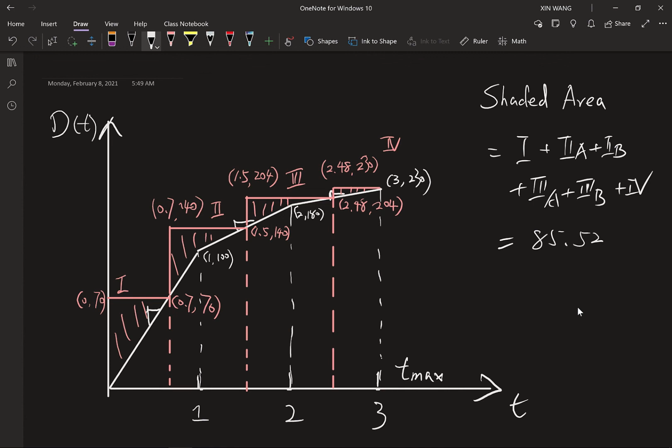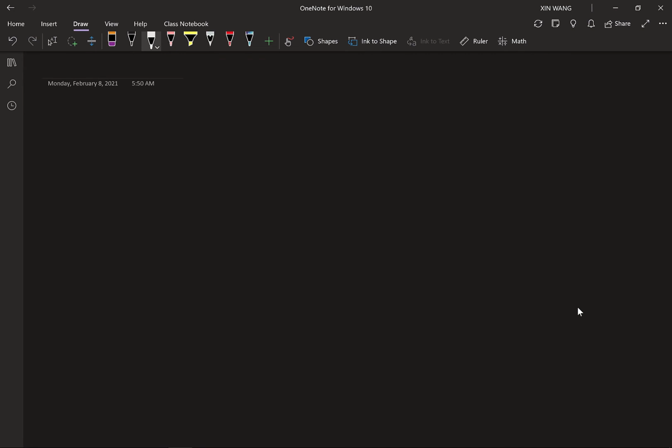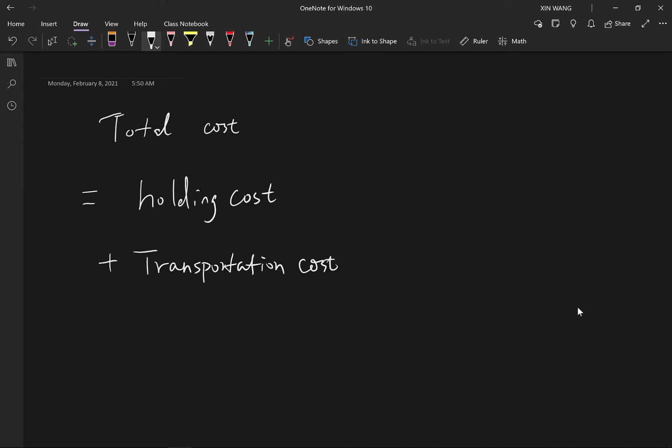85.52. Okay, so recall that we have our total cost equals to holding cost plus the transportation cost. So now we have the total holding cost to be the shaded area times CI. And CI equals to 10. This gave us this amount of cost. And as for the transportation cost, we only need to consider the fixed cost because the variable cost does not change based on our schedule.